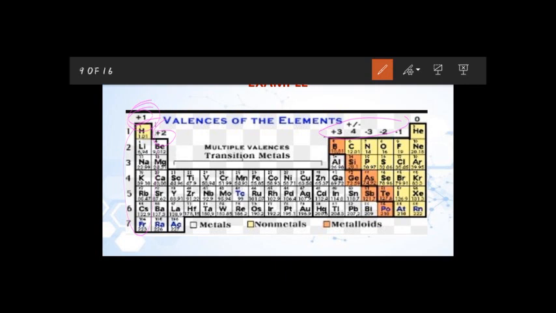Similarly, the second group contains 2 electrons in the outermost shell, so rather than gaining 6 electrons, it is more feasible for the members of group number 2 to lose those electrons and reach the valency of +2. Similarly, group number 18 has 0 valency, and likewise 17, 16, 15, 14, and 13. You can see here, these valencies have become possible only after losing or gaining electrons.